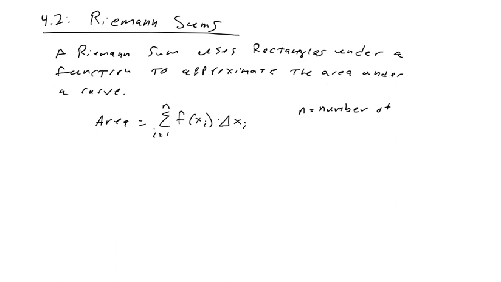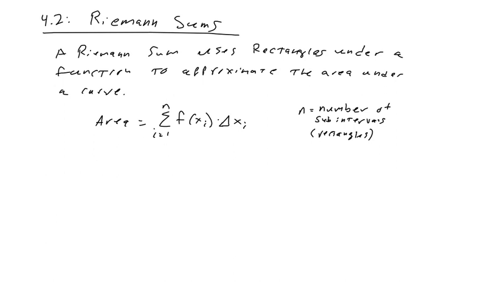Yeah, we call them subintervals. The number of subintervals, aka the number of rectangles. How many intervals you use to slice your equation into. N is the number of intervals.